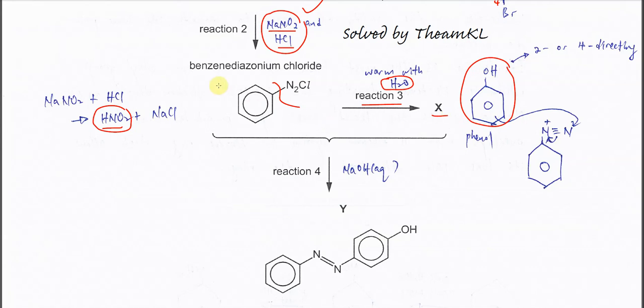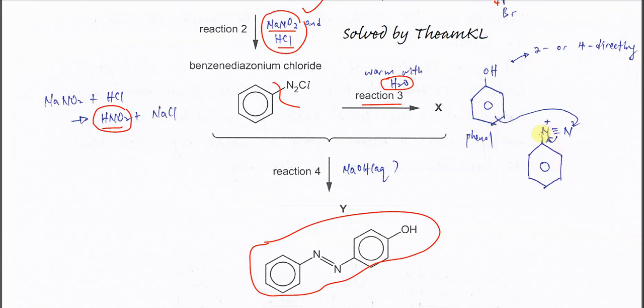And this benzene diazonium chloride will further react with the phenol and form this azo dye. This is the azo dye, and this is the azo link. The reaction is actually an electrophilic substitution. The benzene diazonium ion is the electrophile. If you react it with phenol, phenol is 2,4 directing.